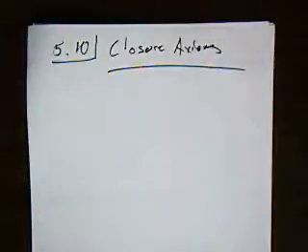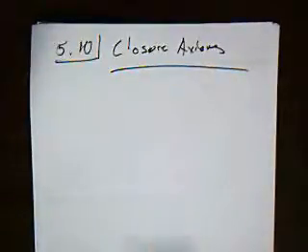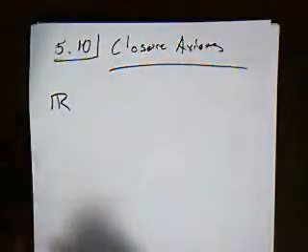Whenever you talk about closure, you need to talk about an operation and a set of numbers. The book that I'm using mostly just talks about closure over the real numbers. This is the symbol we're going to use to denote the real numbers.